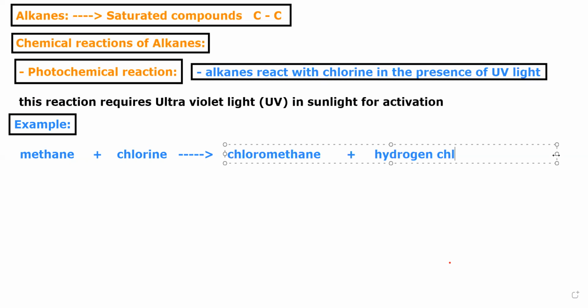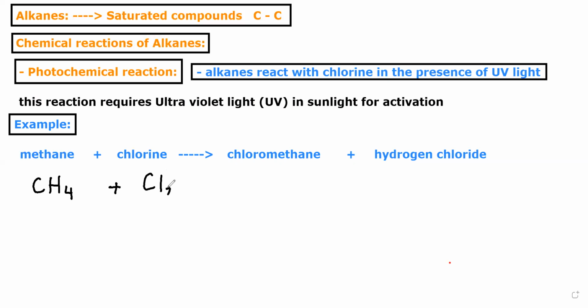Now, what will be the formula equation for that? When we are talking about methane, we already know the formula, CH4, plus what will we have? Chlorine. Halogens always exist in diatomic form, so Cl2.